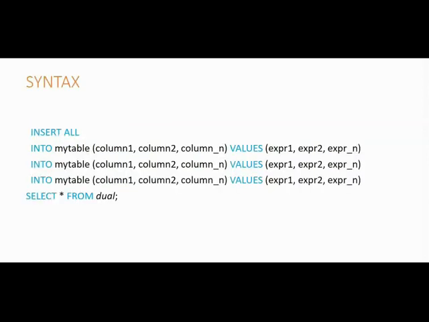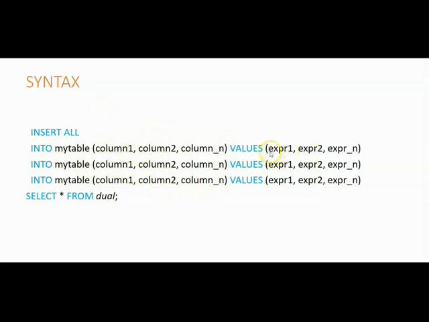This is the general syntax of the insert all clause. Insert all into the table that you want to insert into, and the names of the columns. Inside the insert all, we have discussed the possible dimensions and different ways of inserting a row into a table in the insert session, so you can use any approach. Either you can give table name and column names, or we can skip the column names if you are aware of the position and the data type.